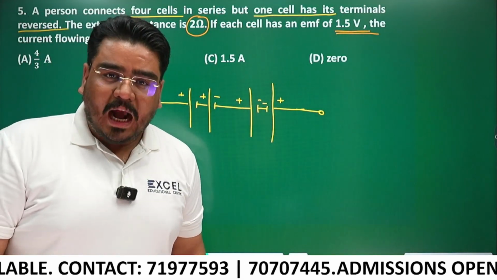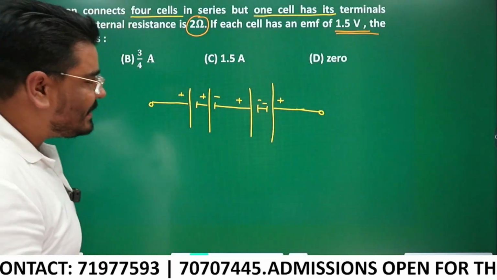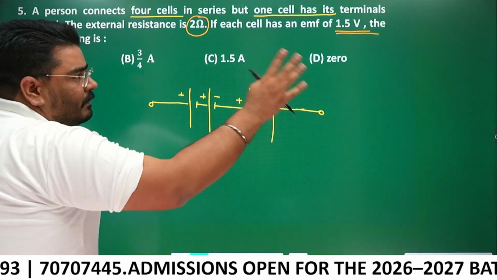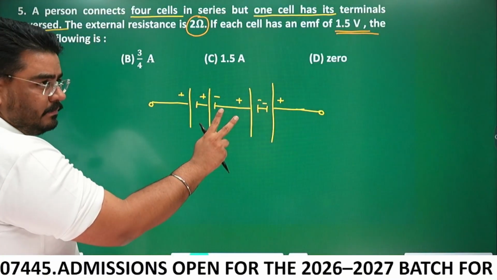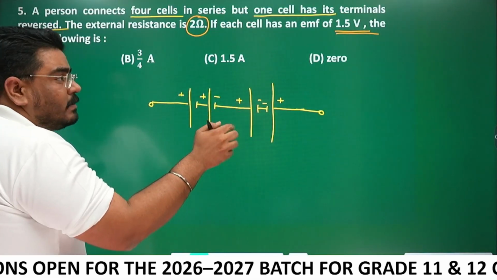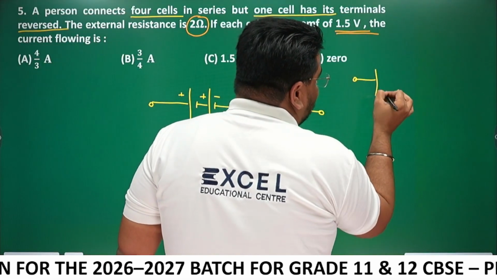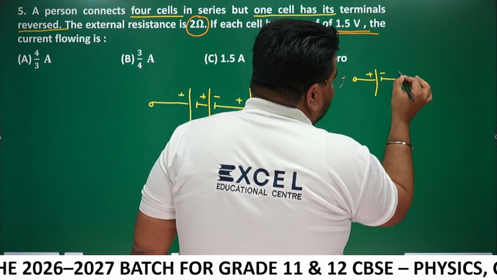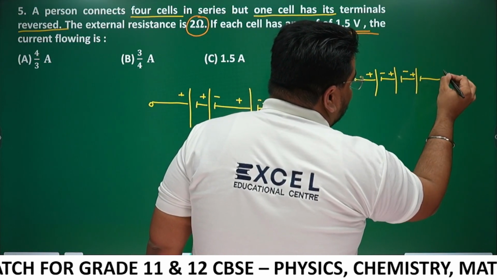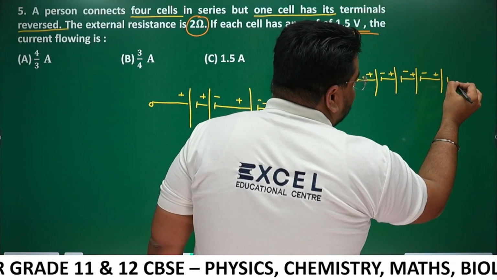100% yes. So basically what will happen, if there were 4 of them in the same polarity, the way I connected it before, right? In the before case, when they all were in the same polarity, they will support each other. Everyone wants to flow the current in the same direction, right?